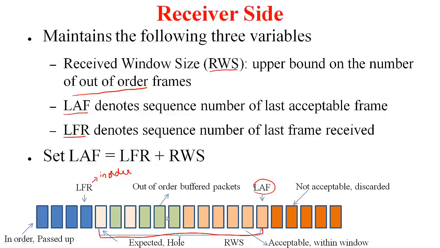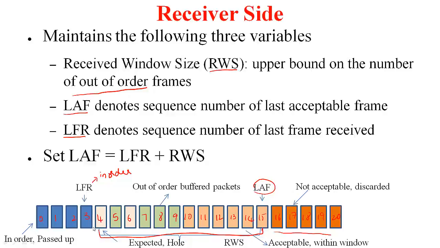So as you can see, this protocol can also provide in order delivery of frames. And how many of these out of order buffered packets will it accept? Only until this point. If it received any packets outside this range of sequence numbers, it is not going to accept them.